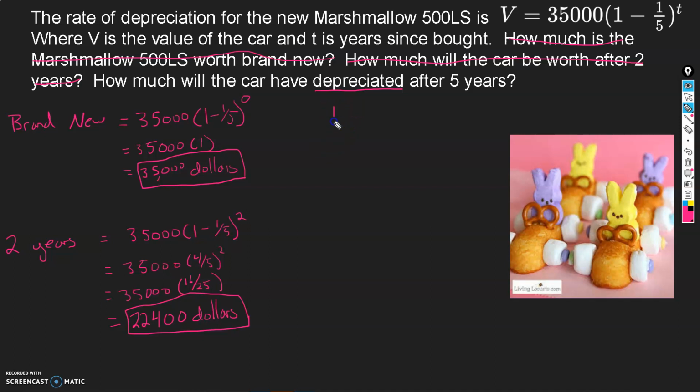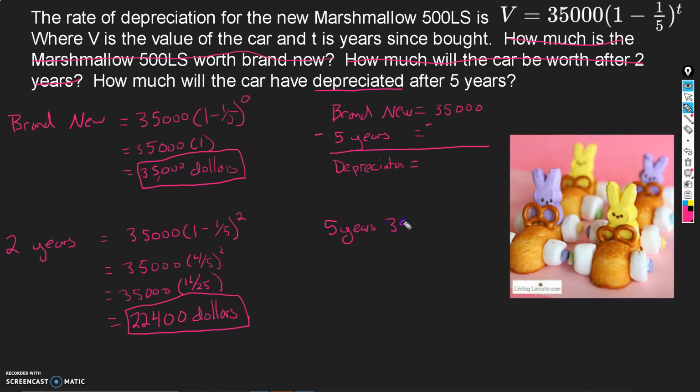So what we're going to do is take the value of the car brand new, which we know is 35,000, and subtract off the value after 5 years, which we'll have to figure out, and that'll give us the depreciation after 5 years. So the piece of information we're missing is the value of the car after 5 years. So let's figure that out.